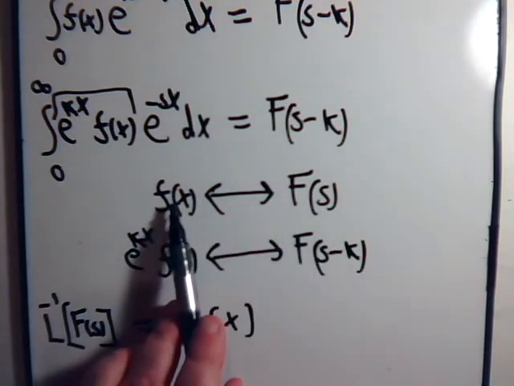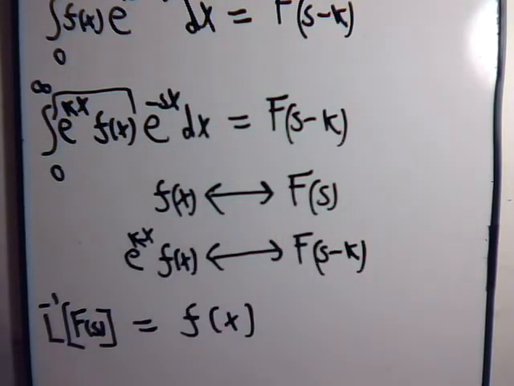Looking at this side and going on to that side, likewise, we can say the inverse Laplace transform of f of s minus some constant, that will equal our original function, f of x, times e to the kx.